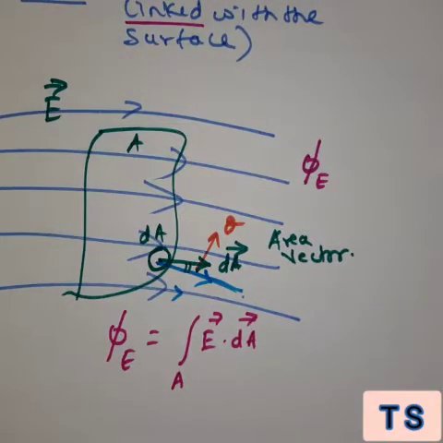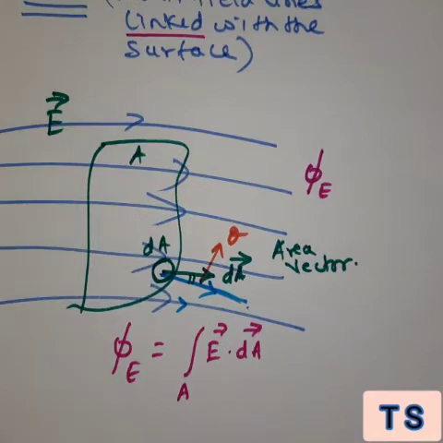This is the definition of electric flux. It is a measure of the number of lines of force passing through some surface held in the electric field. So formula-wise phi E equals the integration over the area of E bar dot dA bar.